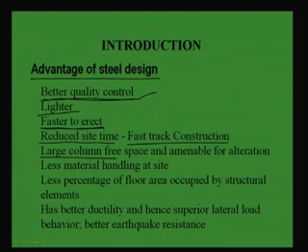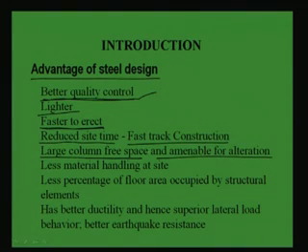Large column free space and amenable for alteration. As steel is very strong in nature and ductile, generally the column area becomes less. So we will get column free space, whereas in a concrete building we get a huge column area, right.